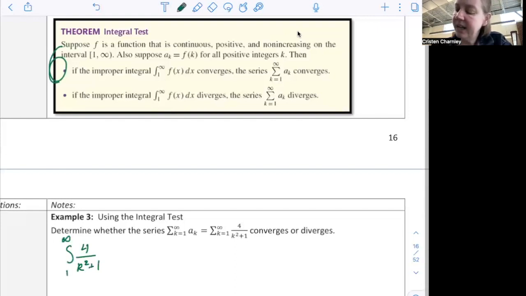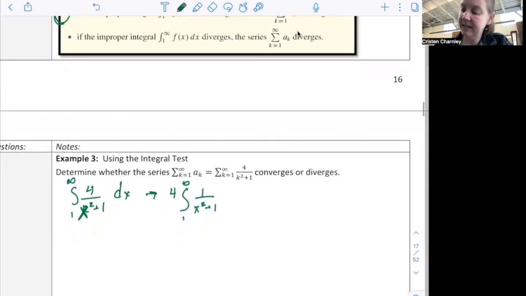I have a k in here, so I should probably call it x. This would be a dx problem. Now we're going to get ready to integrate. The 4 can come to the front: 4 times the integral from 1 to infinity of 1 over x squared plus 1 dx.